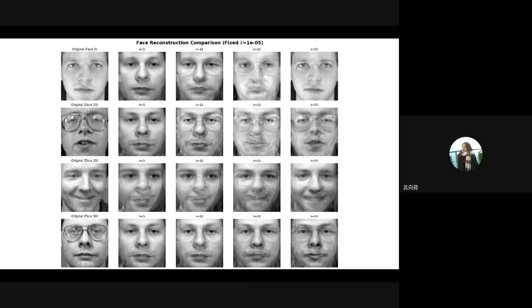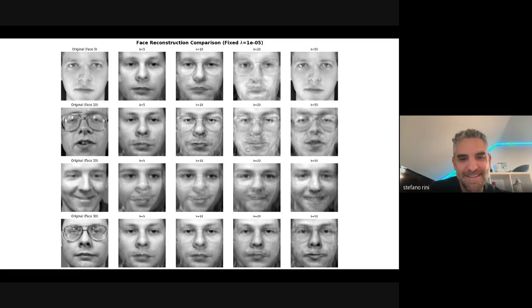Do you know what Olivetti is? Olivetti was an early Italian computer company. They used to make typewriters, and then they transitioned to computers, and then the company failed.